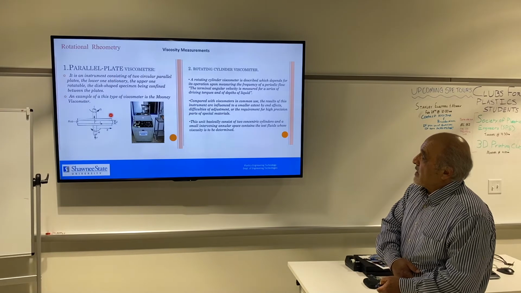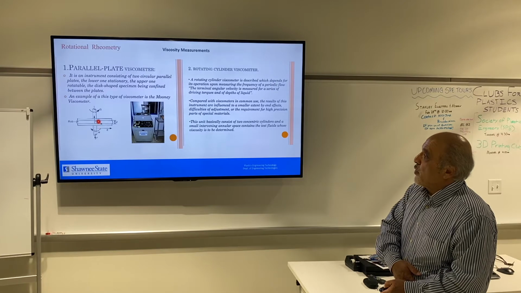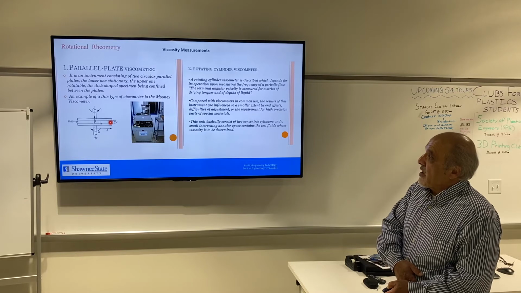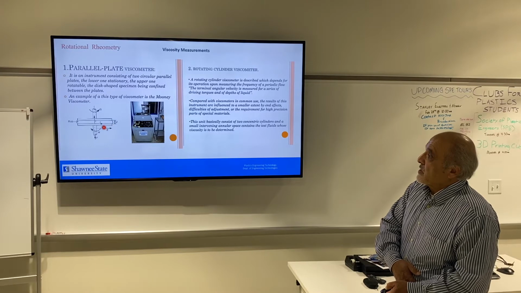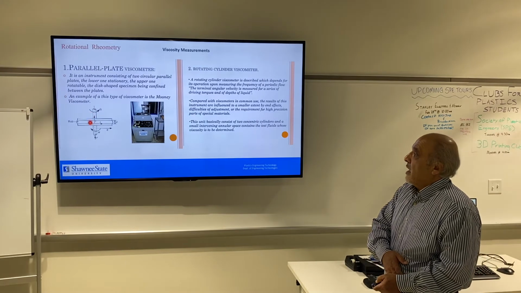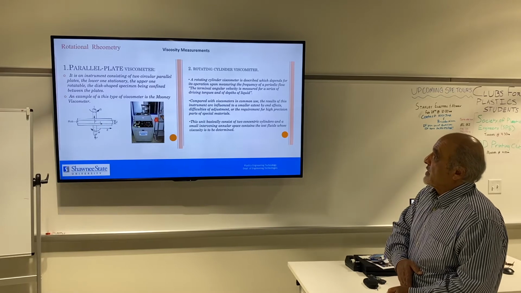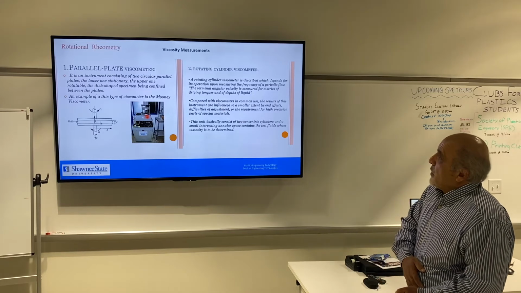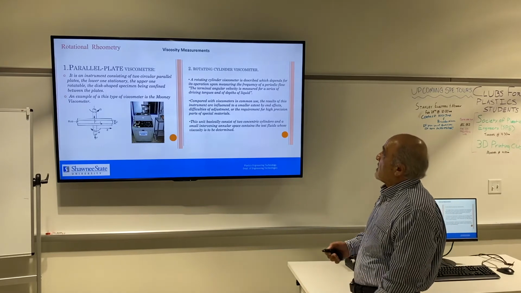As the name says, parallel plate means your stationary plate and your moving plate are parallel. That's why they call it parallel plate. So your material, with the thickness or gap, is between two parallel plates. In general, one of the plates is rotating and one is stationary, and this machine has been used for viscometry. This is the simplest viscometer that you have for dynamic testing.